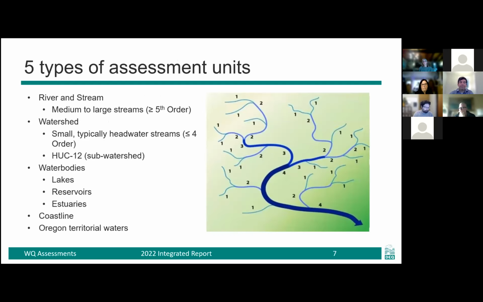So just a refresher of assessment units. Assessment units are how states report on segments of waters in this process. In Oregon, we've developed 5 types of assessment units. We have what we call our river and stream units.